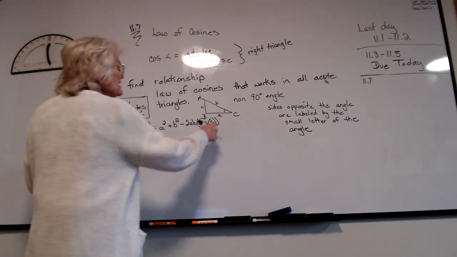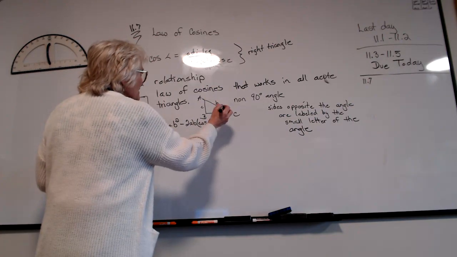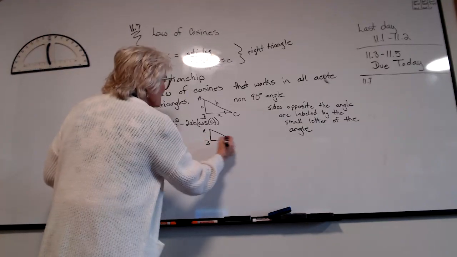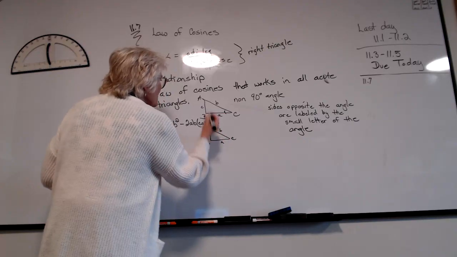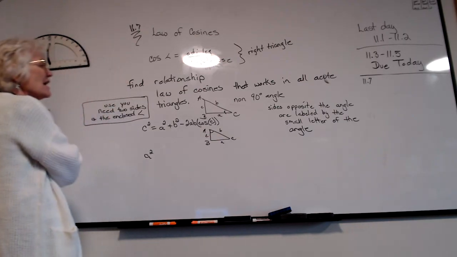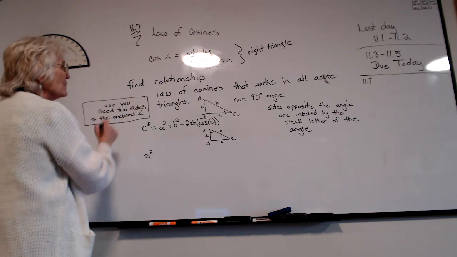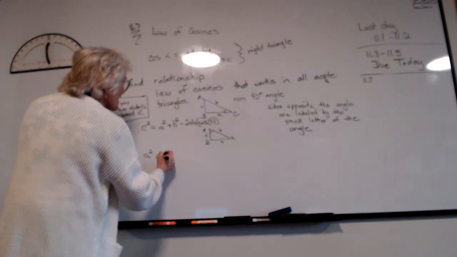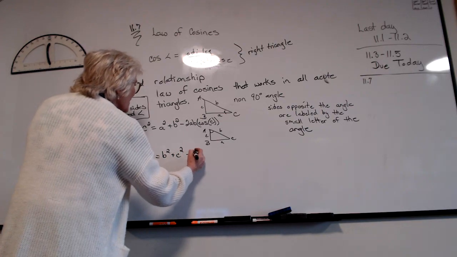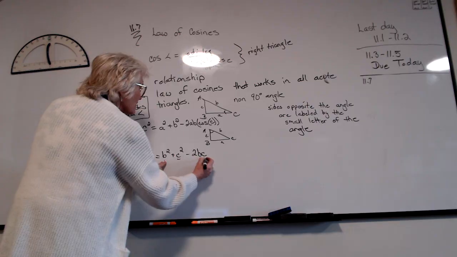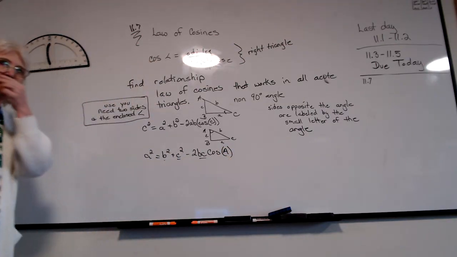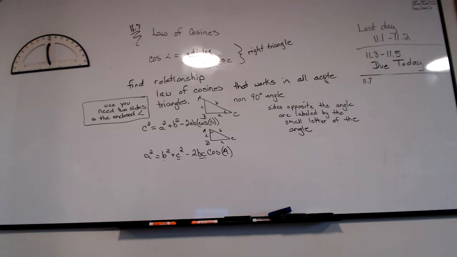If we reference it to a different angle, let's draw the thing again. This time I'm doing A, B, C, and now I'm doing it with A. So if you're doing A, then A squared, the opposite side squared, is equal to the other two sides squared and added together. So in this case, it would be B squared plus C squared minus 2BC times the cosine of angle A. Again, do I expect you to memorize this?